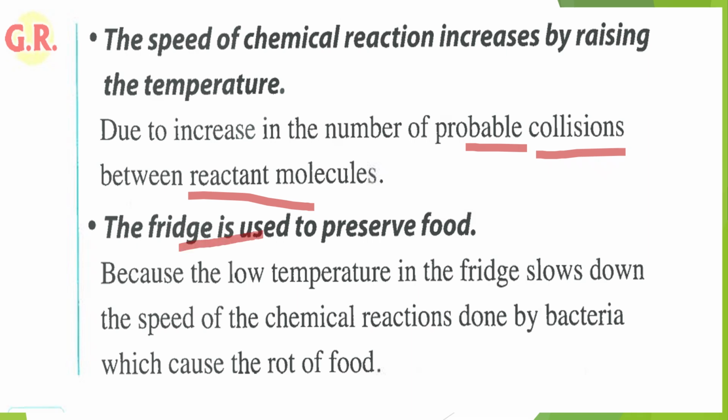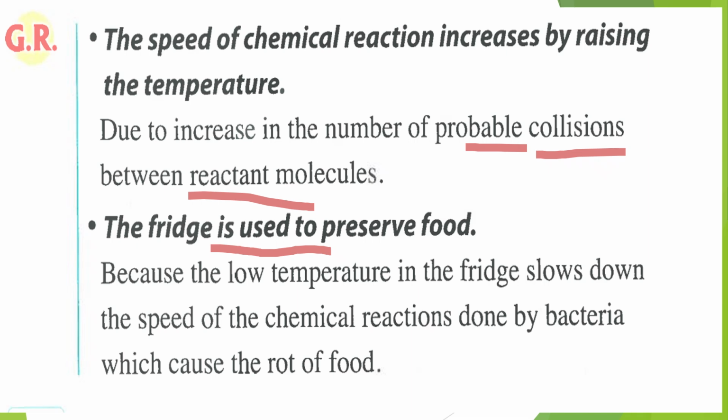Why do we use a fridge to preserve our food? In the fridge, for sure, we have a low temperature. And the low temperature in the fridge slows down the growth of bacterial cells, or it doesn't allow the bacterial cells to grow on the food that we eat. So it preserves the food.